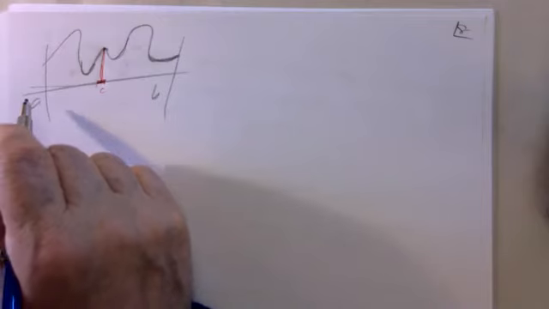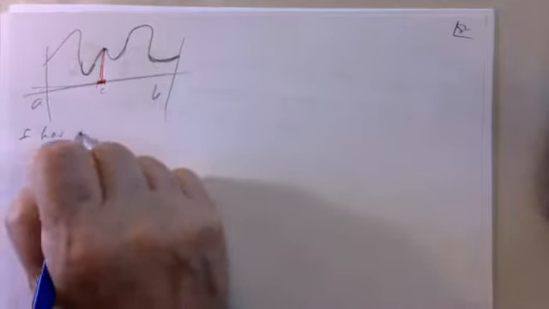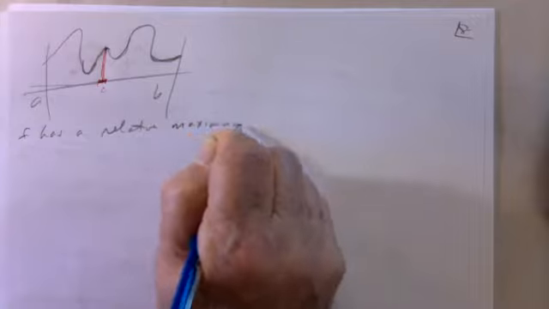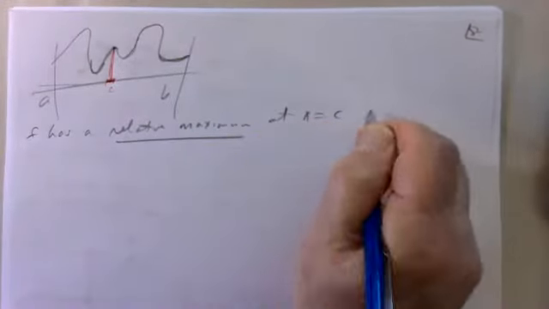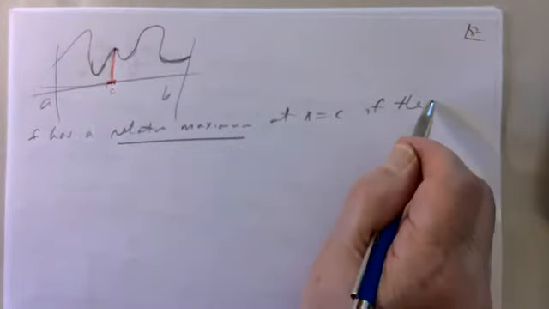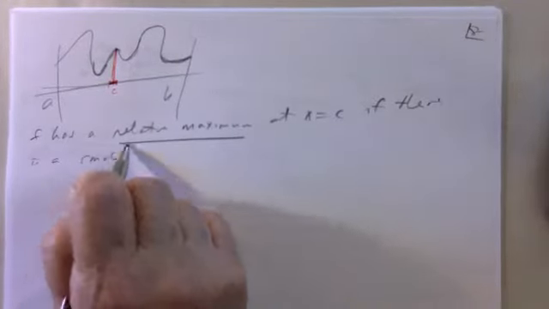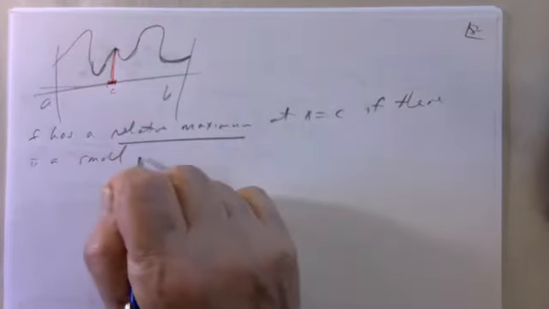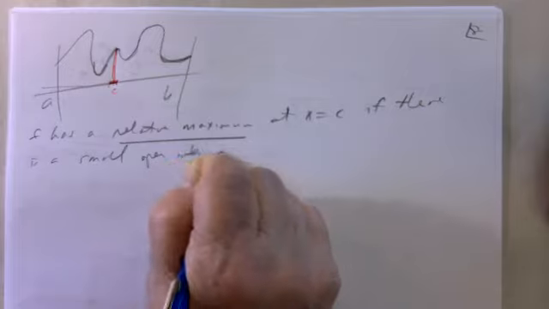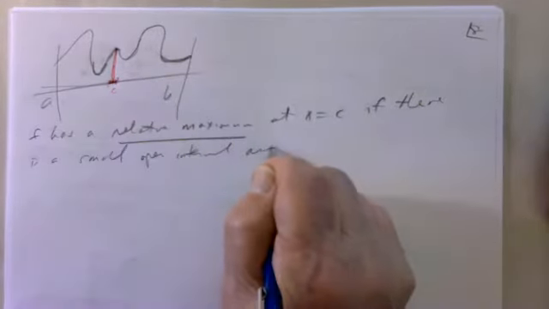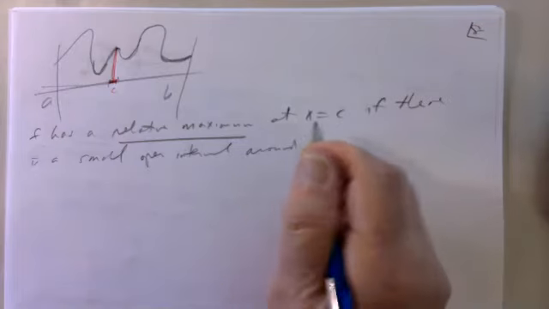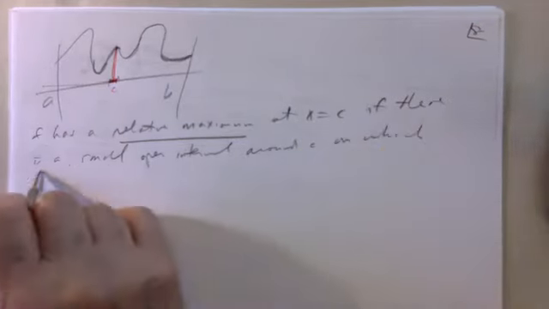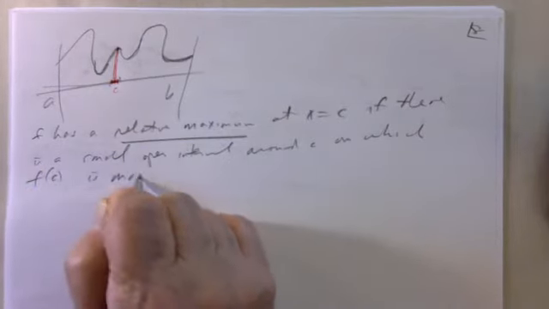So let's say f has a relative maximum at x equals c if there is a small open interval, a little piece around c, on which f of c is maximum.